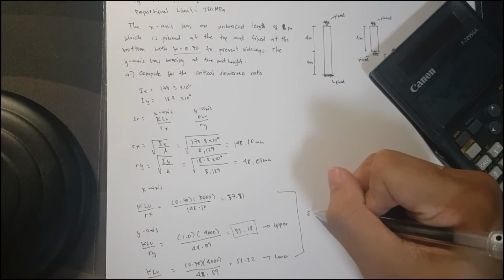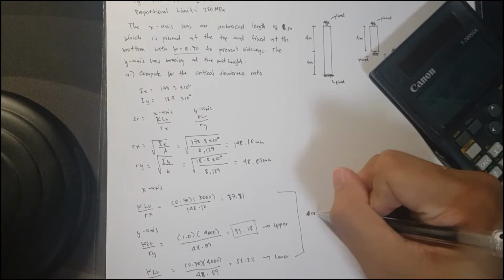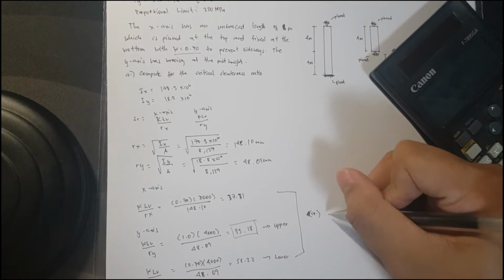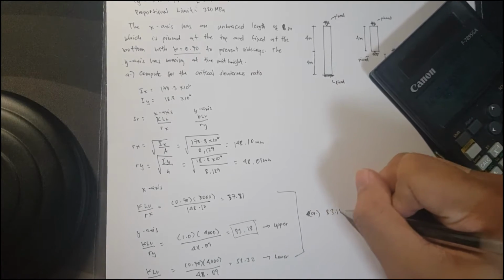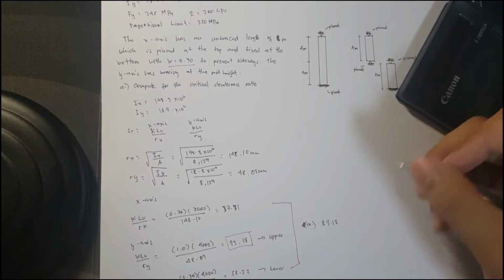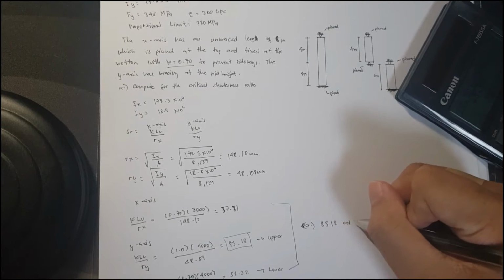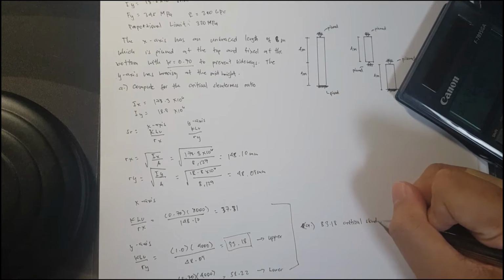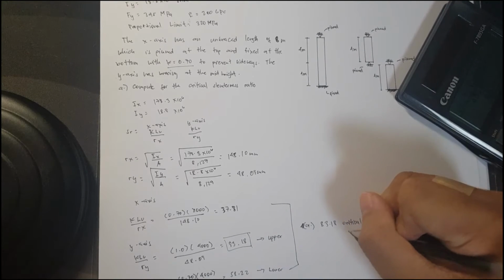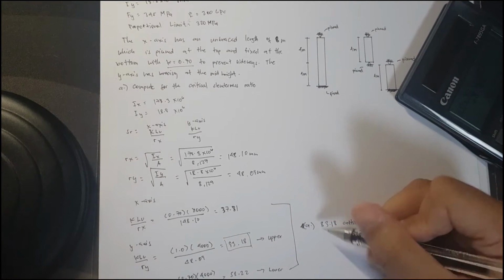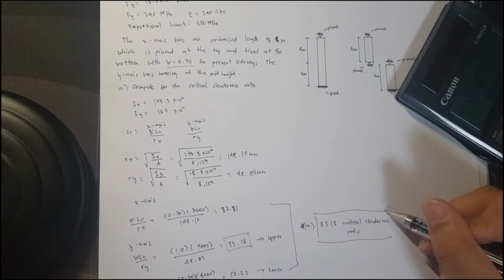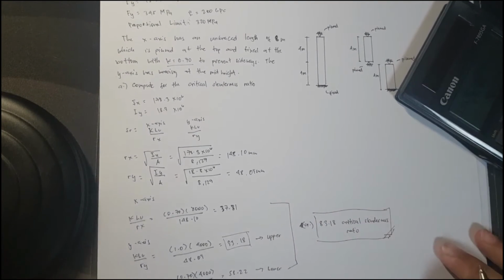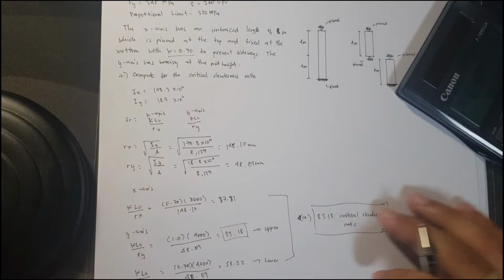Ang sagot natin sa A, 83.18, critical slenderness ratio. So yun yung A.